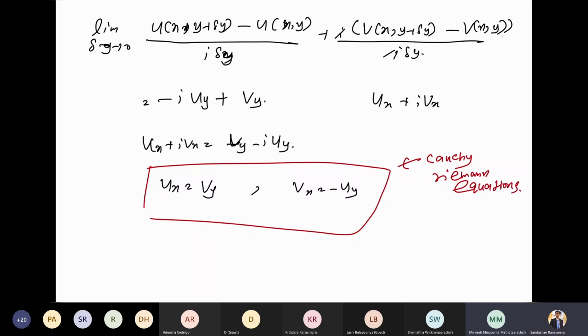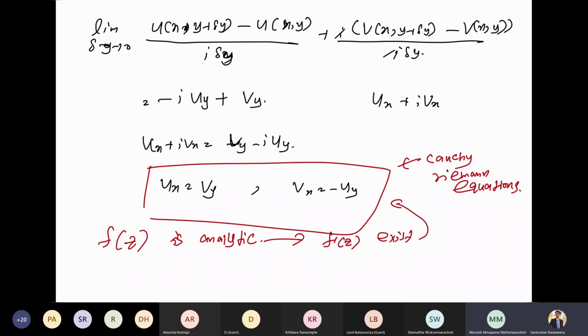So this is the first thing you need to know. I do this because I need to tell you a very important thing. The Cauchy-Riemann equations mean that if f(z) is analytic, in other words, if the derivative f'(z) exists, these two hold.